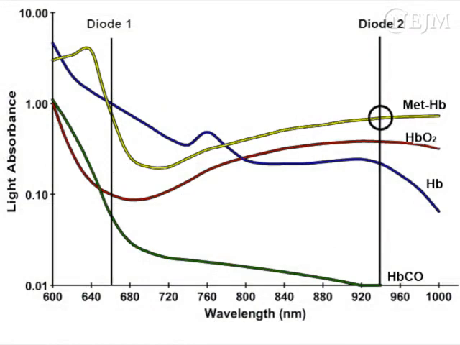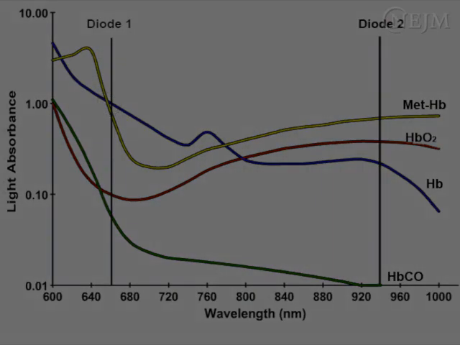At 940 nanometers, methemoglobin absorbs more light than either deoxyhemoglobin or oxyhemoglobin. At 660 nanometers, the light absorption of methemoglobin is similar to that of deoxyhemoglobin.